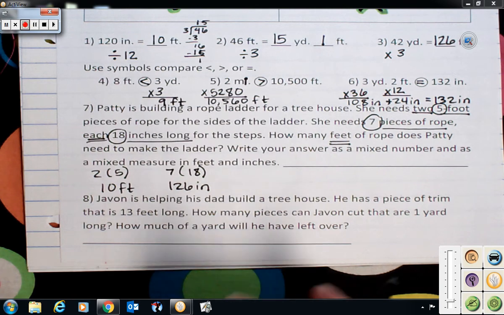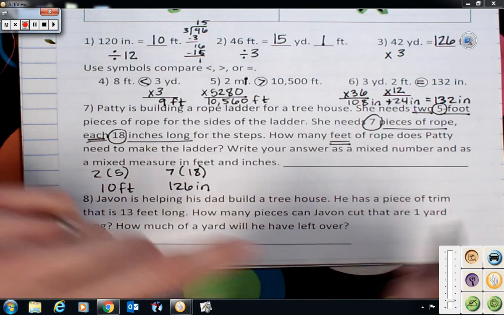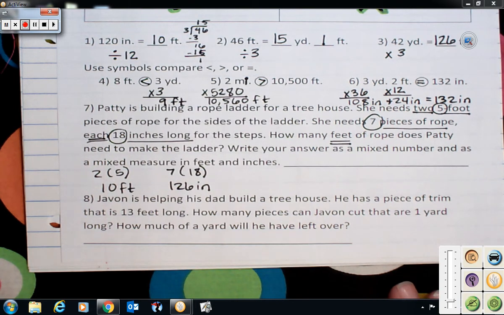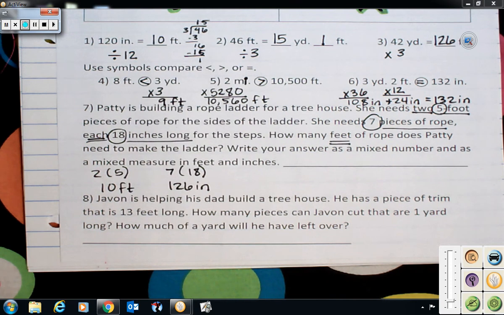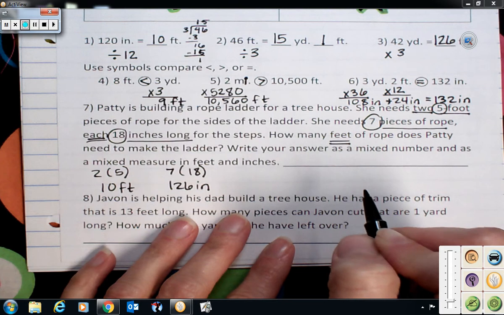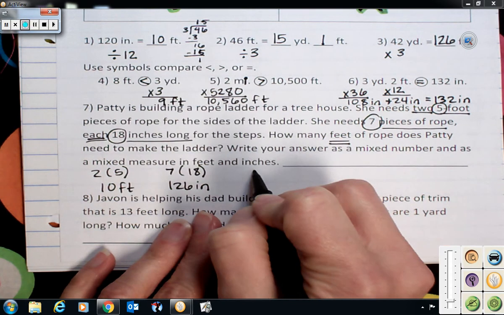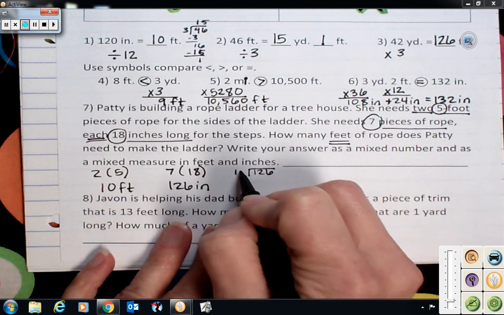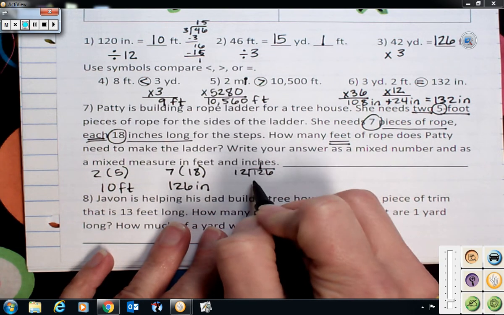All right, so the 126 inches, I'm going to change to feet. To do that, I know that there are 12 inches in a foot, and I'm going from inches to feet, so I'm going to divide. Because I'm going from a small unit of measure to a large unit of measure, I need to do 126 divided by 12, and I don't have a whole lot of room to work here.